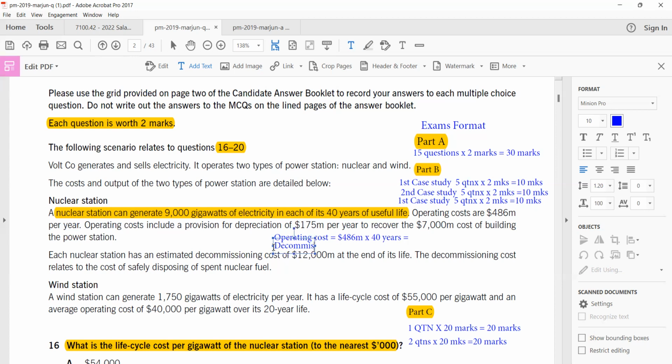This item, decommissioning. Each nuclear station has an estimated decommissioning cost of $12,000 million at the end of its life. At the end of its life.